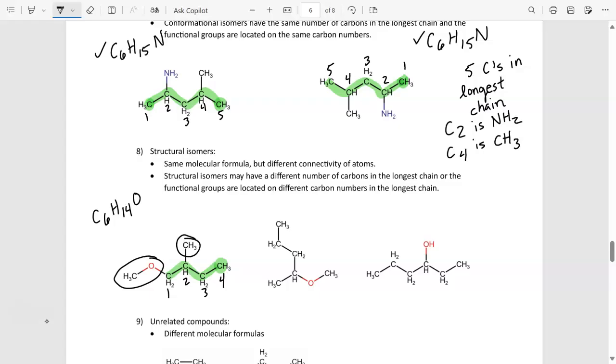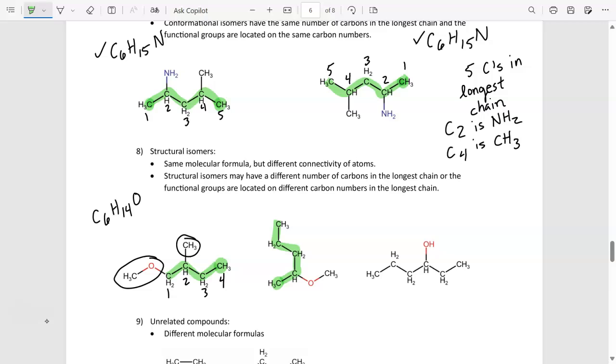Now, in the second example, I'm going to go back to my highlighter, and again, I want to get the longest carbon chain possible. So if I start here, I can click and drag my pen all the way up and catch all of those carbons.